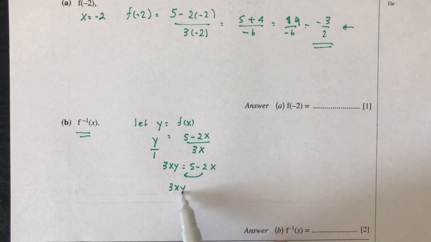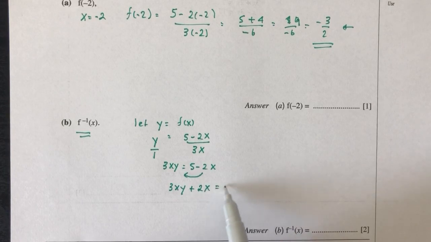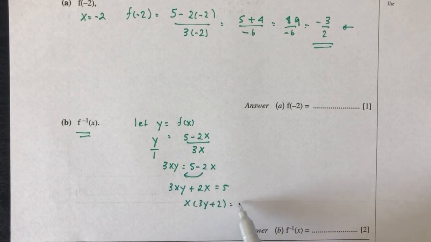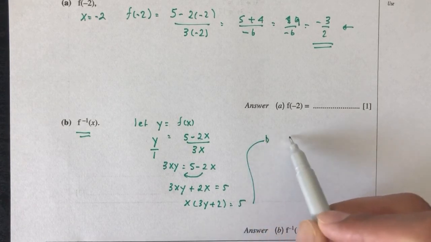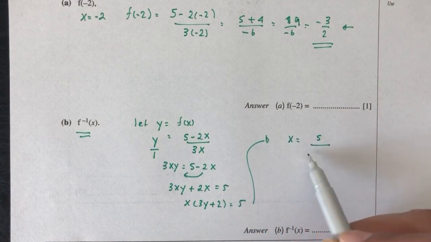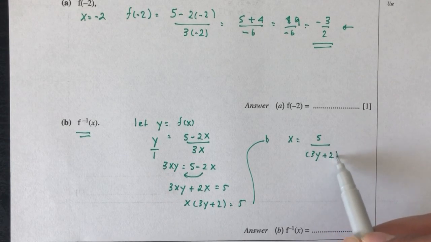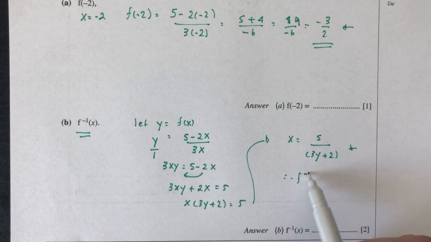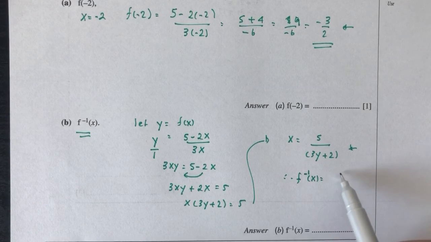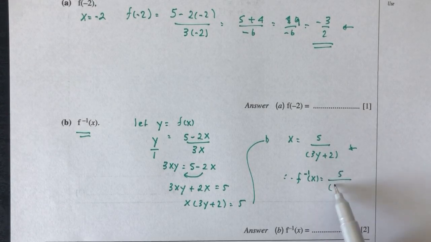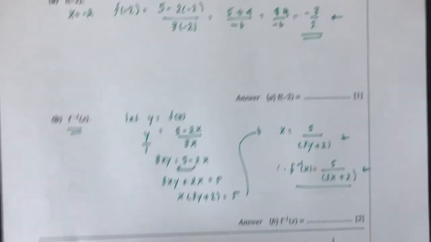We have 3xy plus 2x equal to 5. So x times 3y plus 2 equal to 5. So x will be 5 divided by 3y plus 2, which means f inverse of x will be 5 over 3x plus 2. And this will be your answer for part B.